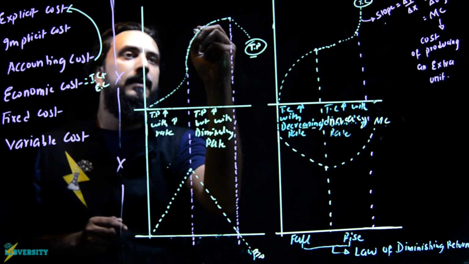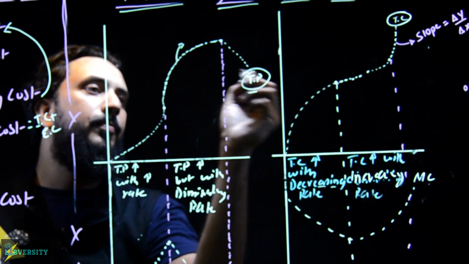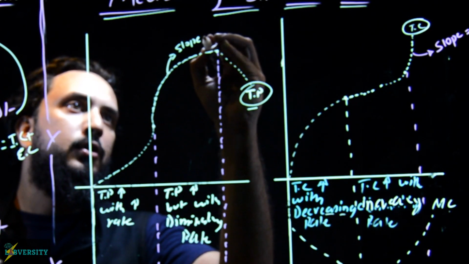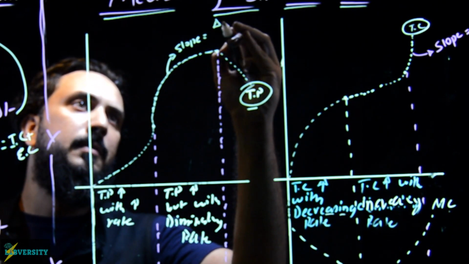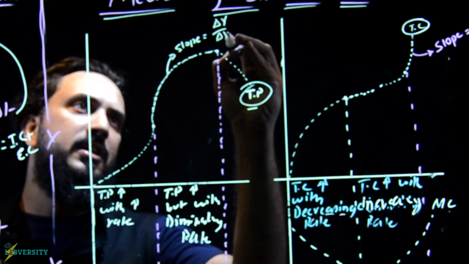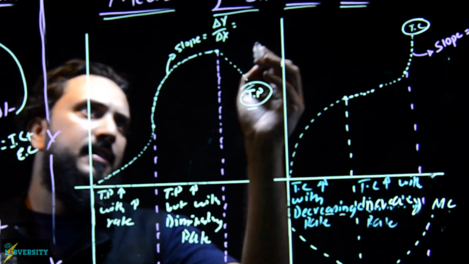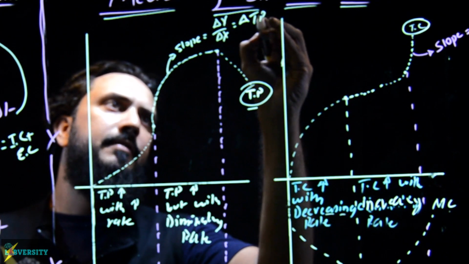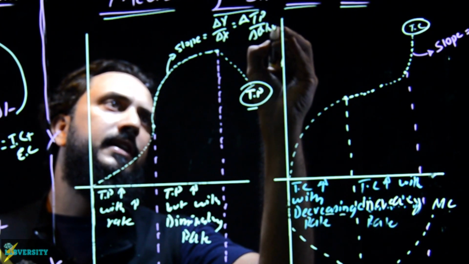As we know, if we take the slope of total productivity, the formula of slope is change in y upon change in x. That is, change in total productivity upon change in quantity.